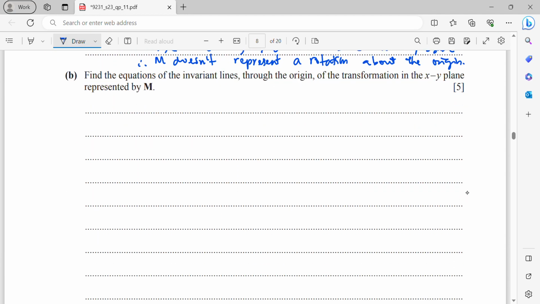Now b, find the equations of invariant lines through the origin of the transformation in the xy plane represented by M. So first of all, I will write x y equals M of small x, small y.